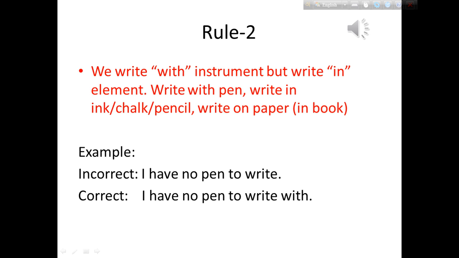So the correct one will be I have no pen to write with. So have a look at the rule again. Write with pen, write in ink or chalk or pencil, write on paper, in book. So the correct one is here. I have no pen to write with.